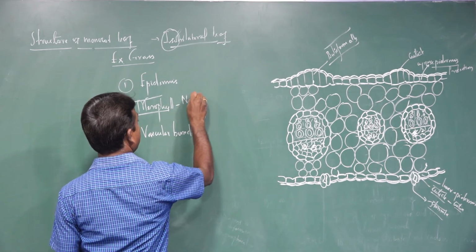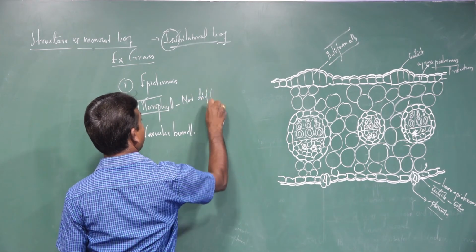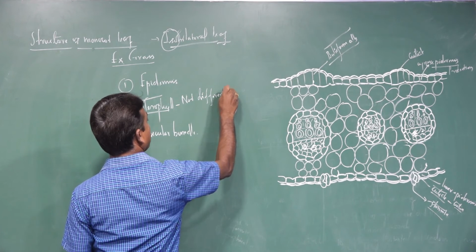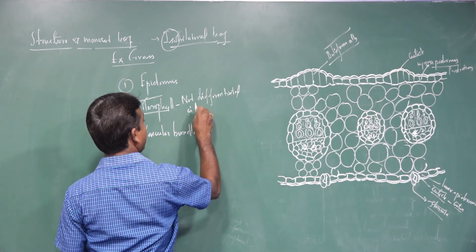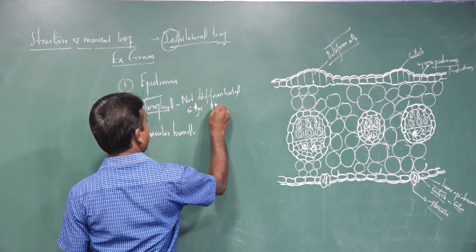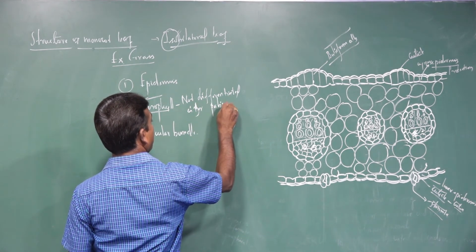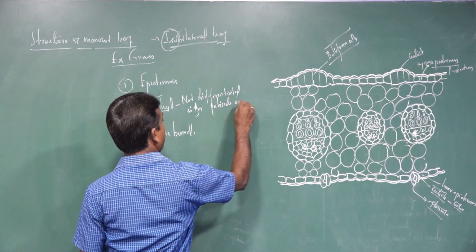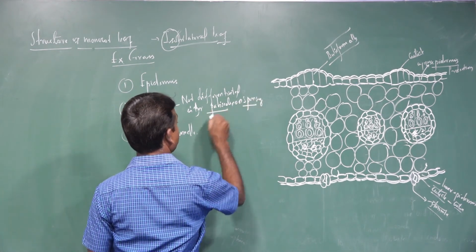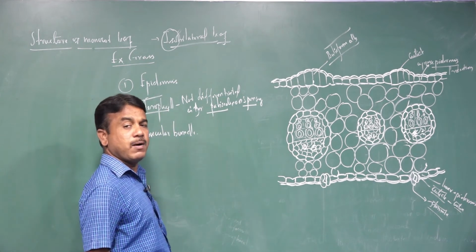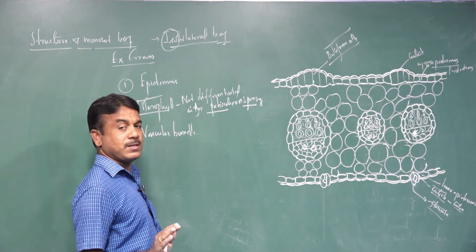Mesophyll is not differentiated, because the mesophyll is made up of only one type of parenchyma cells.